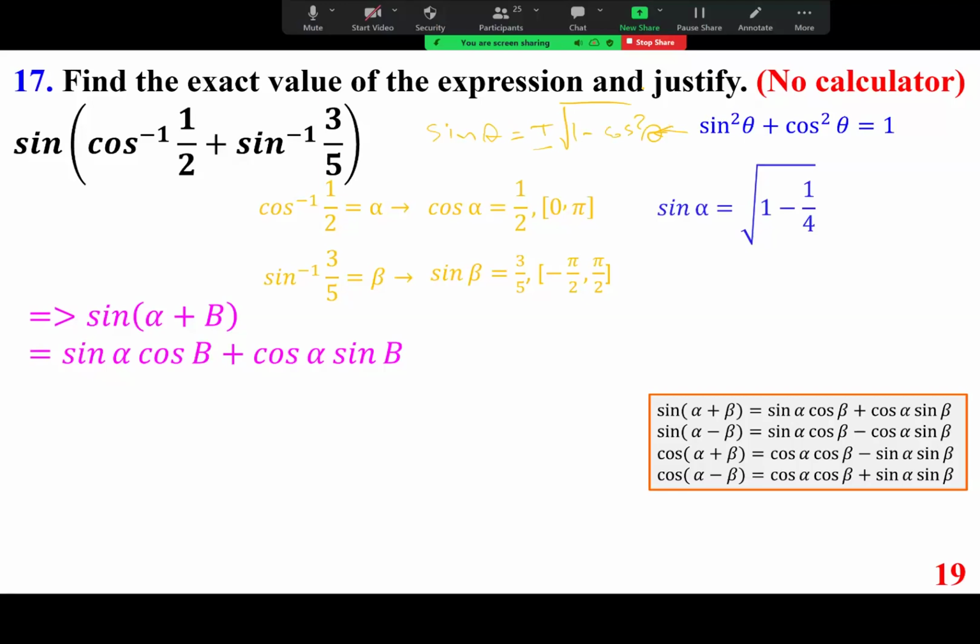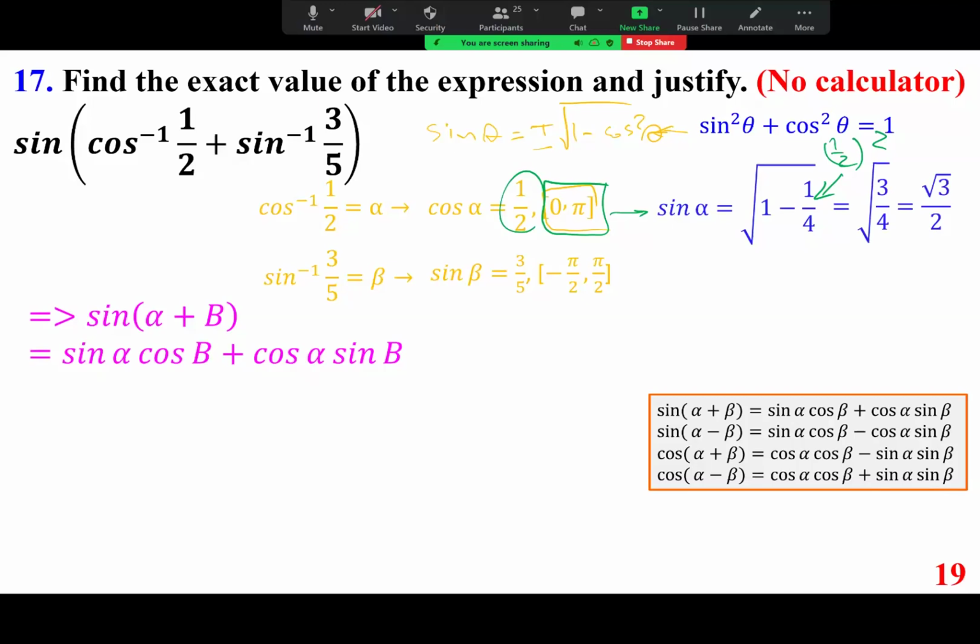And so sine alpha is positive. Why is that positive? From zero to pi, sine is positive because you're talking about either the first or the second quadrant. And this is 1/2 squared. So the answer is 3/4 under the radical, which becomes square root of 3 over 2.